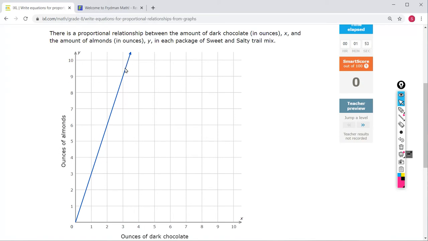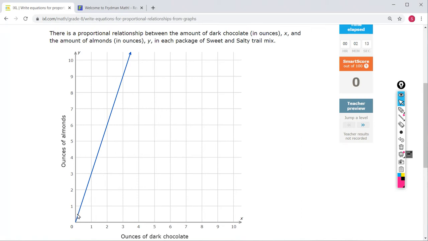And we also have these decimal values in the middle. And of course, this arrow indicates that we will have this relationship going on with higher numbers also for the ounces of dark chocolate versus the ounces of almonds.